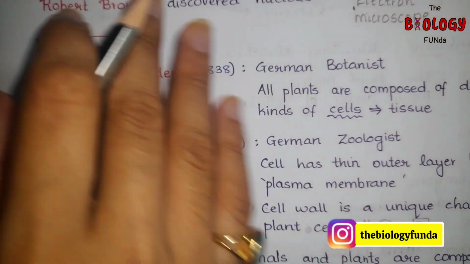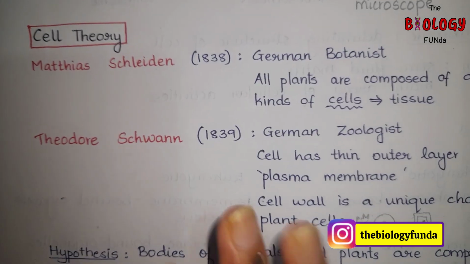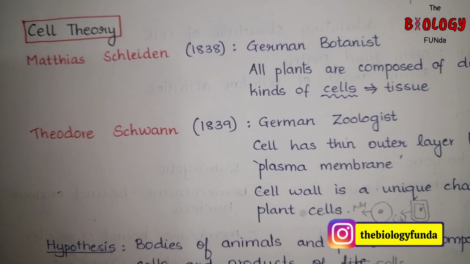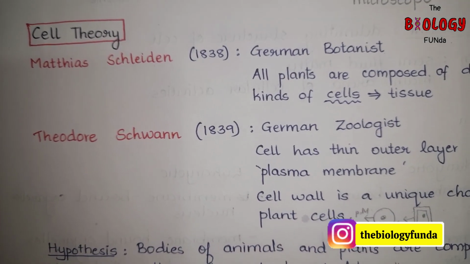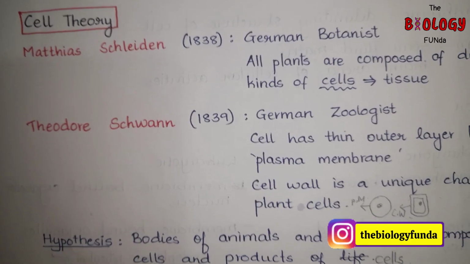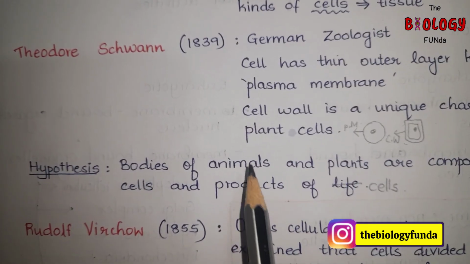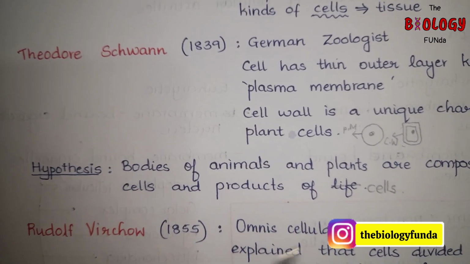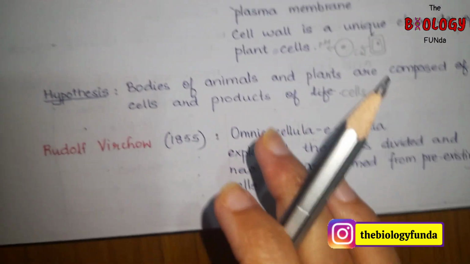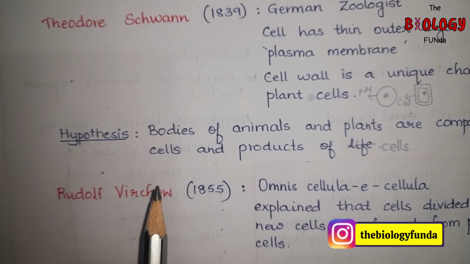So this was the cell theory, but they were not aware where the cells arise from. So after giving this hypothesis, after giving the cell theory, then comes Rudolf Virchow.